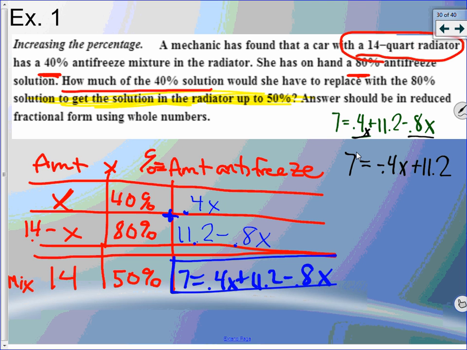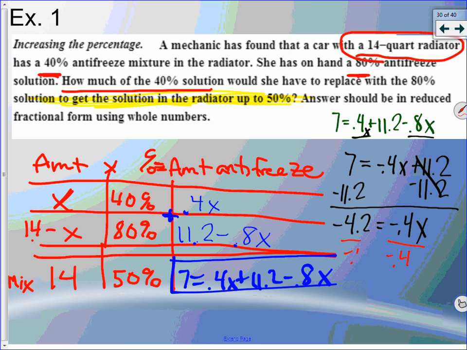Okay, so I combined things I shouldn't have combined because I forgot the x by the 0.4. So be careful. And I'll divide both sides by negative 0.4. Isn't it negative 4.2?